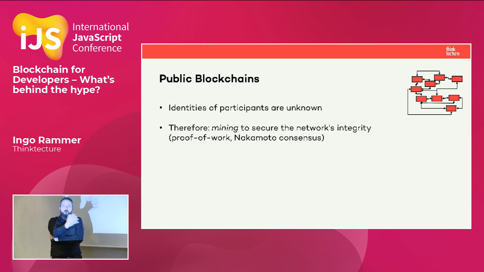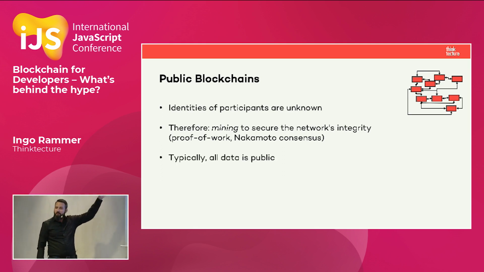So all the energy is wasted. It's not used for transaction processing. It's only used to operate the world's largest and slowest random number generator. It's slow by design. It should only generate a number or one element, select one node every 10 to 15 minutes on Bitcoin, every about 10 to 15 seconds on Ethereum.